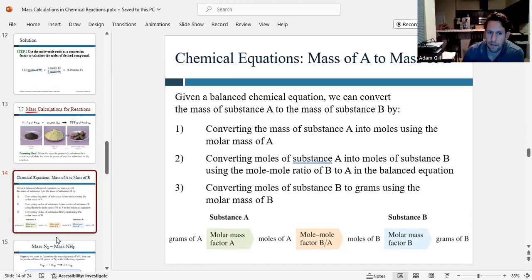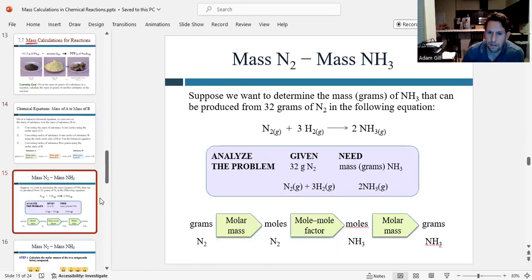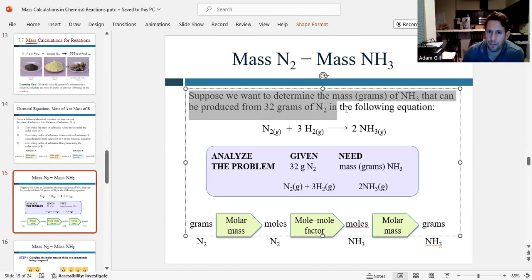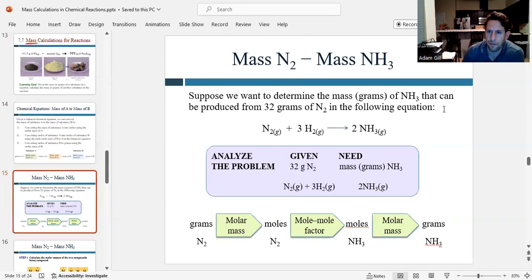So here's an example. Suppose we want to determine the mass in grams of NH3 that can be produced from 32 grams of N2 in the following equation. So we are given 32 grams of N2, and we need the grams of NH3.